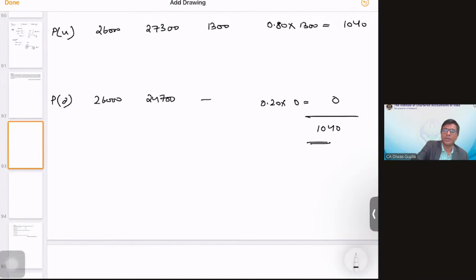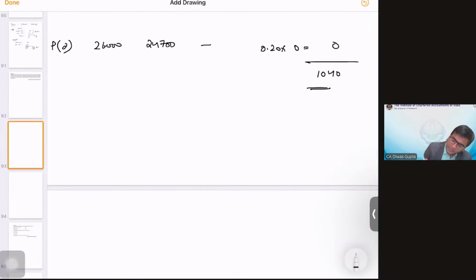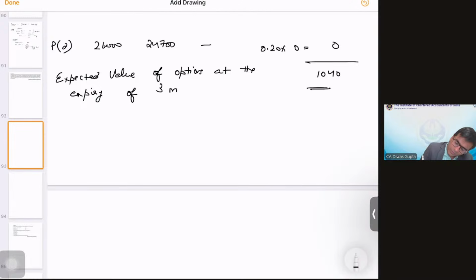Yeah, very good, Saminathan. So 1040 becomes the expected value. Now let's be very clear. This becomes the expected value of options at the expiry of 3 months, 1040.